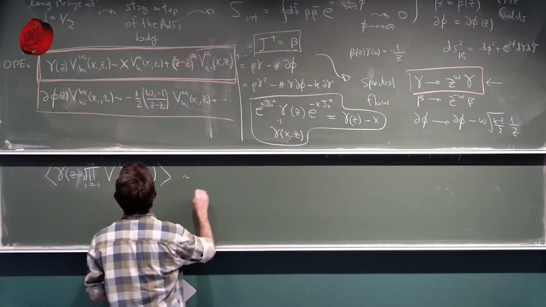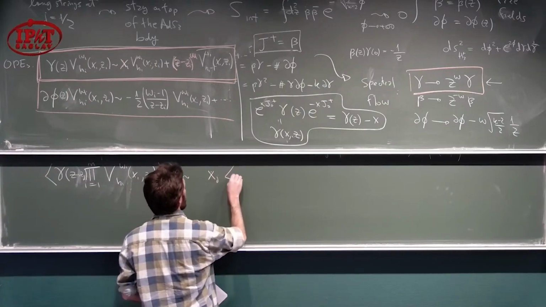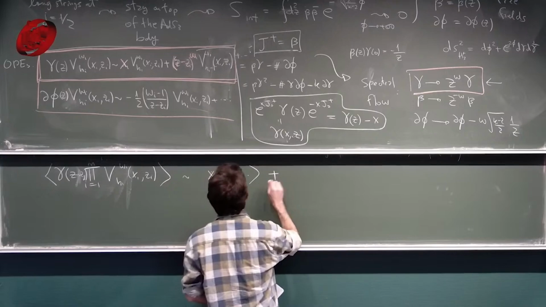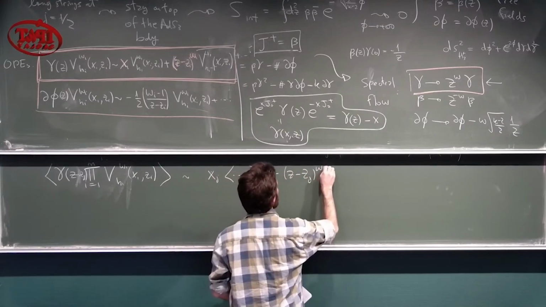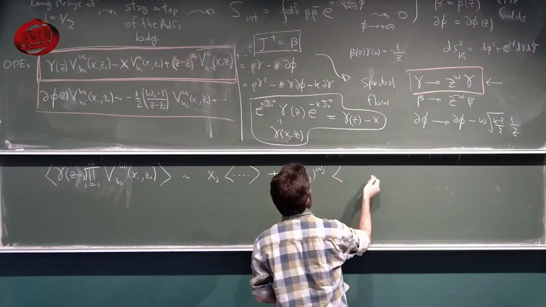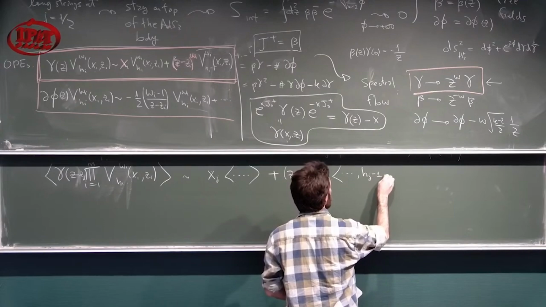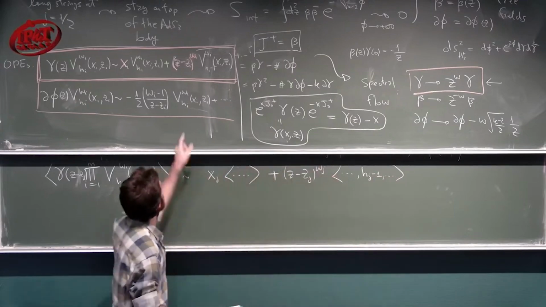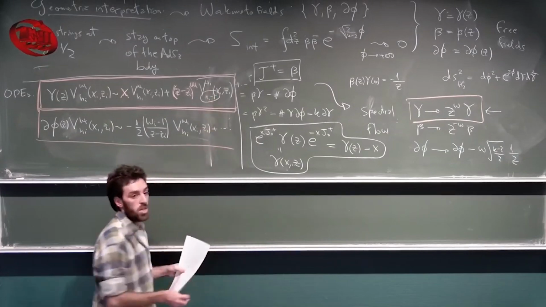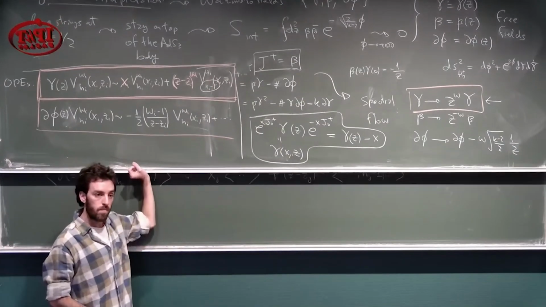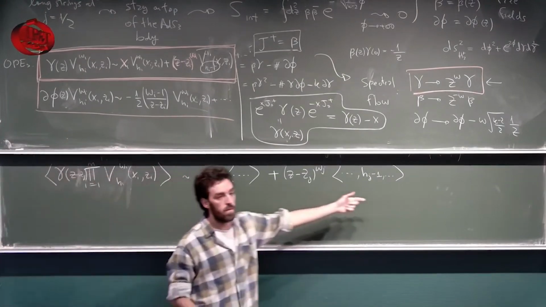So this gives me something like x_j times the full correlator, plus (z minus z_j) to the ω_j times the same correlator, but where I shifted h_j to h_j minus 1, because I shifted the index here. I changed the weight by acting with gamma.